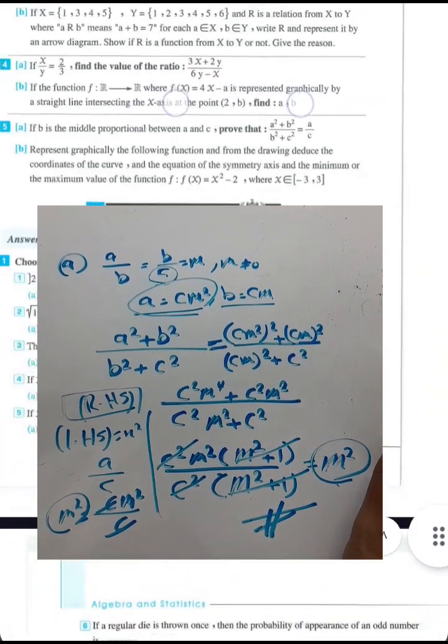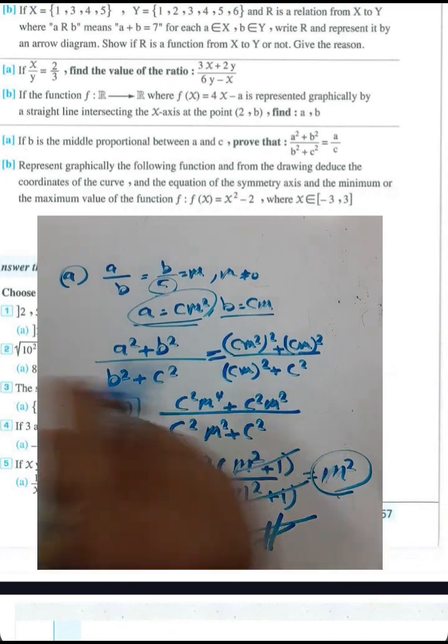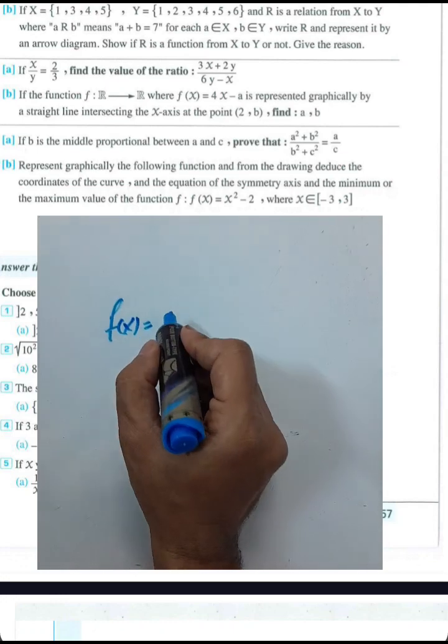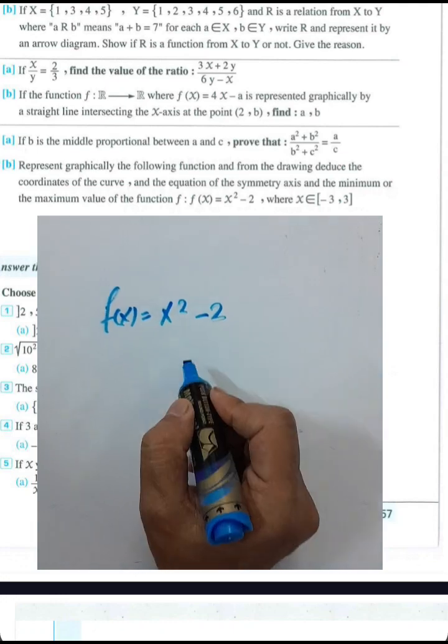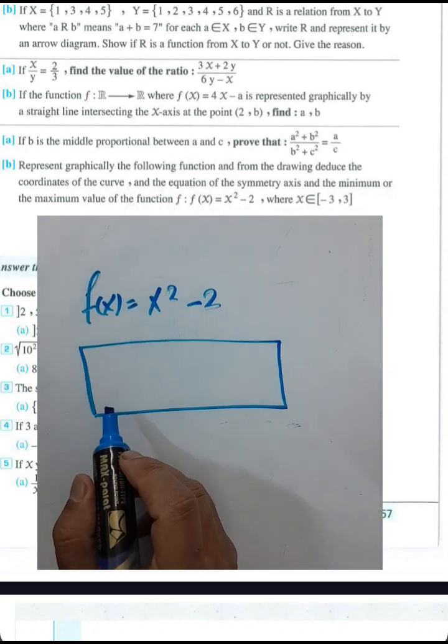Next question. Represent exactly this function and determine the minimum or maximum value. We have f of x equals x squared minus 2, and we have the interval from -3 to 3.